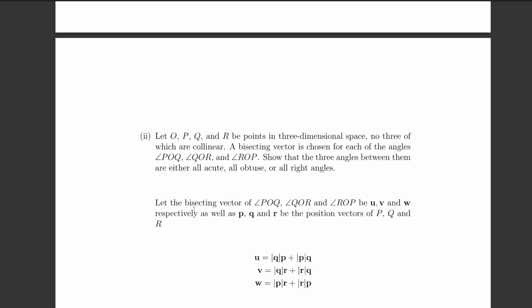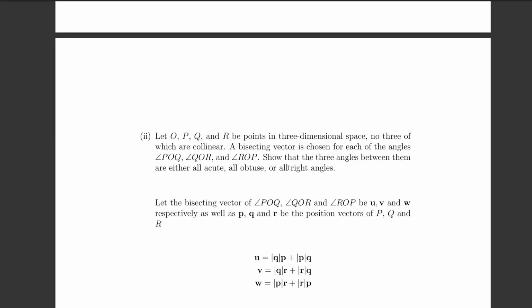So let's just start off by setting up some variables for some of these things. Let's let the bisecting vectors of these 3 angles be u, v, and w, and then the position vectors of p, q, and r be p, q, and r.